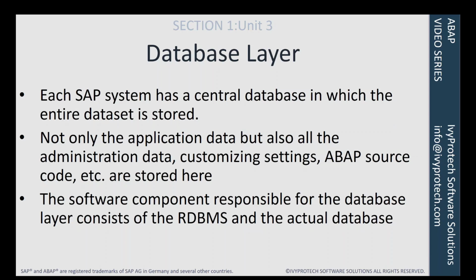If you don't update it in the database, then all that data will be lost the moment the program is closed, right? So no data is stored in the application level. All the data that you want to store persistently is always stored in the database layer. So these are the three layers that make up your SAP system.